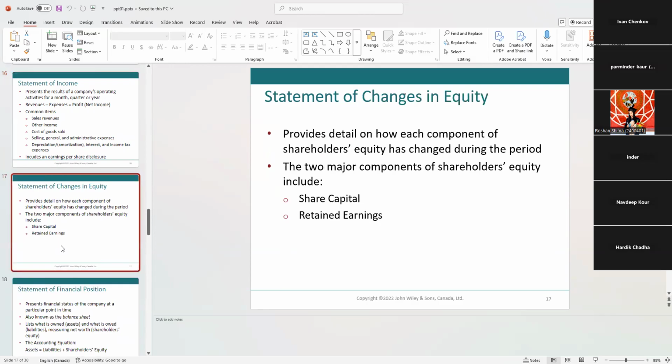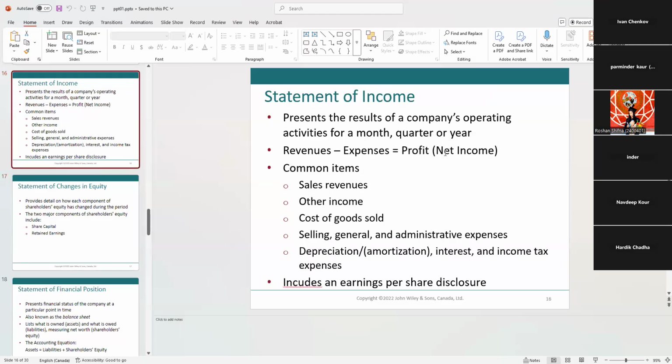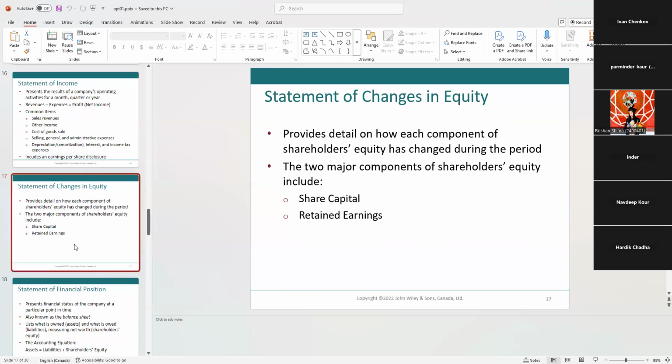Then we have to prepare a statement of changes in equity to see how much the owners or the shareholders invested and how much of the net income which the company generated is still in the company. Retained earnings represents the remaining net income in the company over the life of the company.